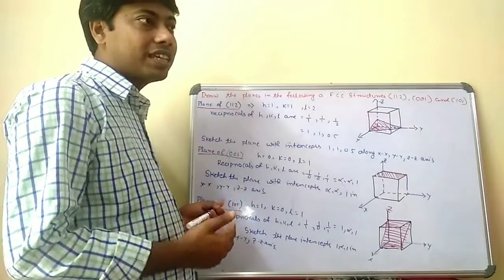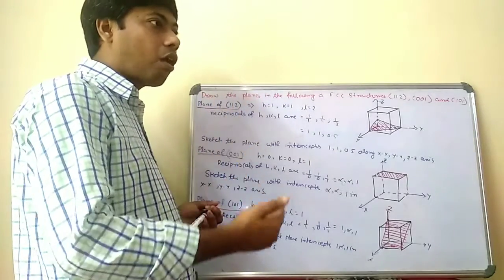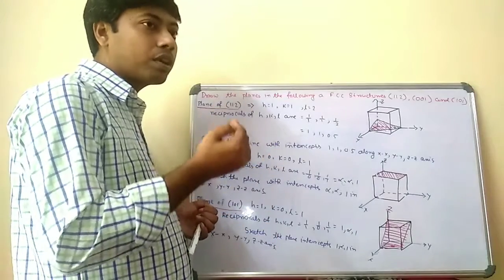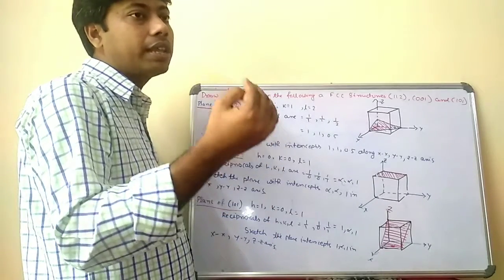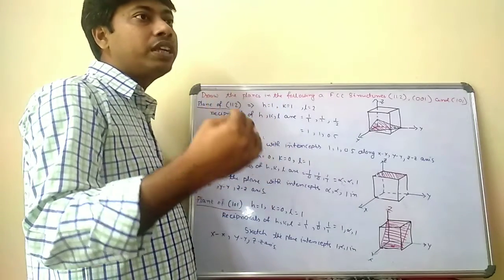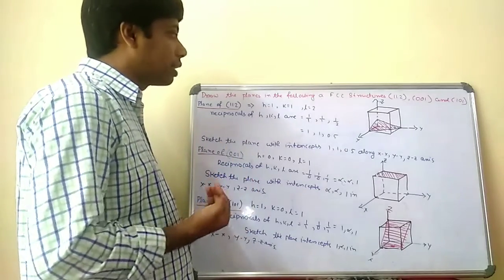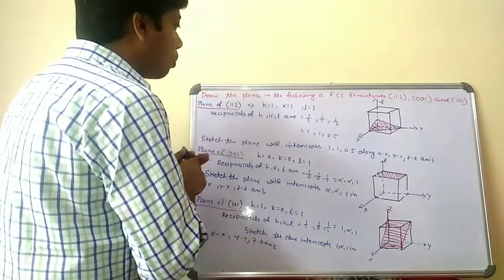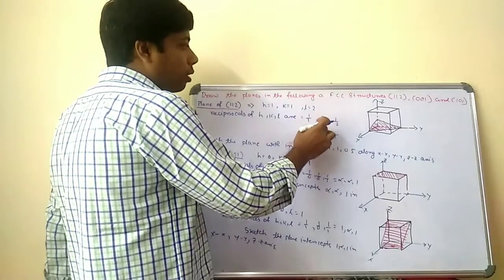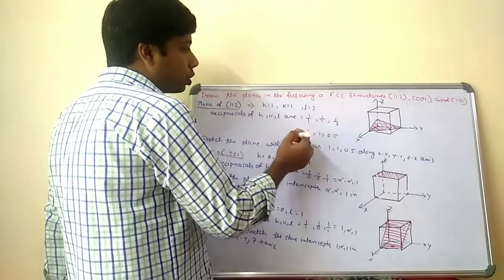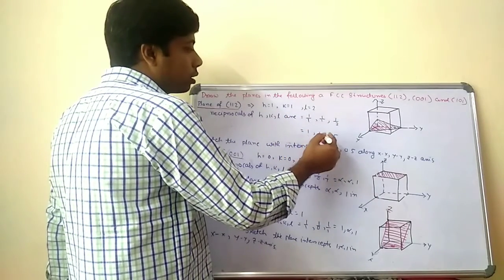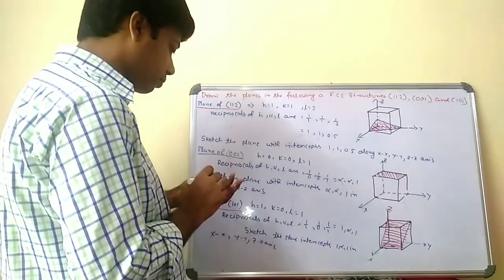Intercept point is basically the reciprocal of the Miller indices, or the reciprocal of the HKL value, corresponding to x, y and z axis. That is 1 by 1 comma 1 by 1 comma 1 by 2. So that will be 1 comma 1 comma 0.5.